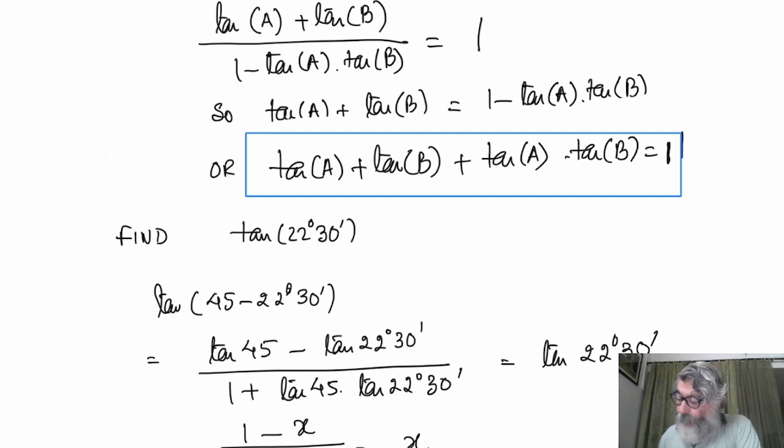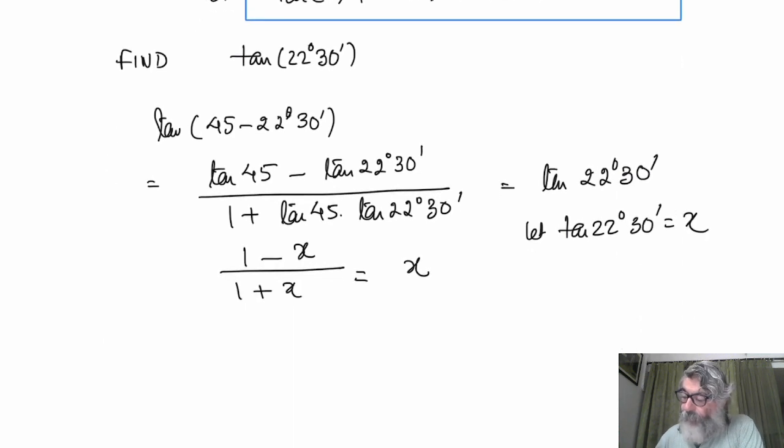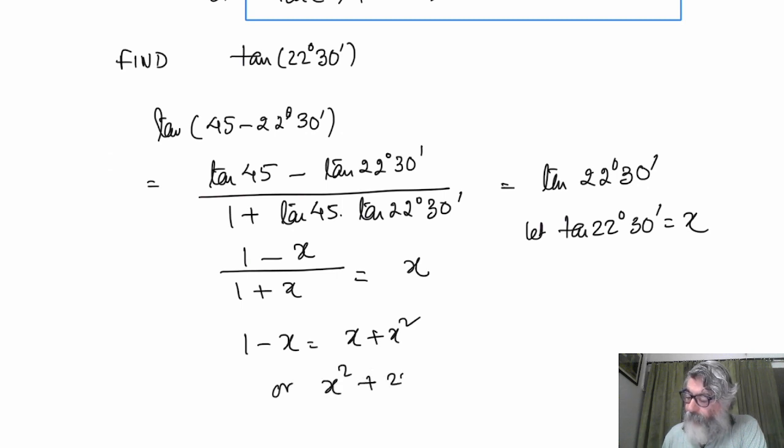Next, let tan 22°30′ be equal to x. Now let's cross multiply: 1 − x is equal to x + x², or x² + 2x − 1 = 0. This is a quadratic equation in x. This is not a perfect square, so I have to use the formula: x equals −b ± √(b² − 4ac) upon 2a.